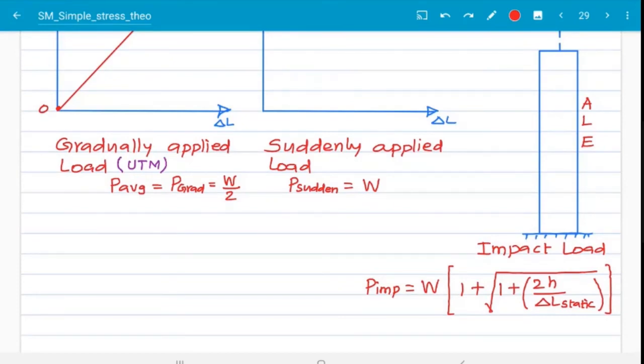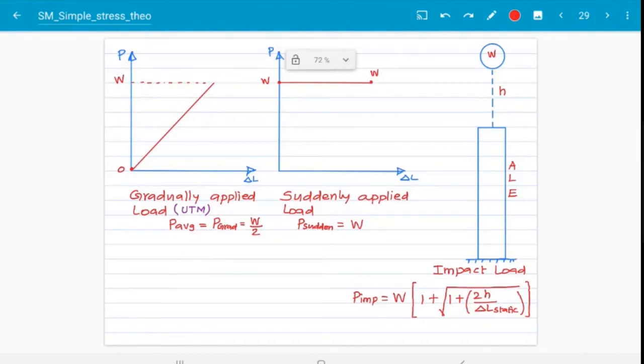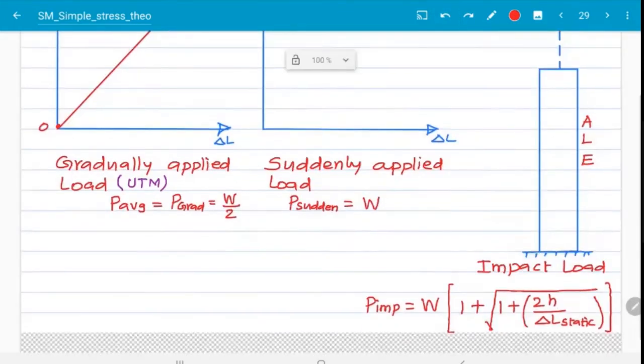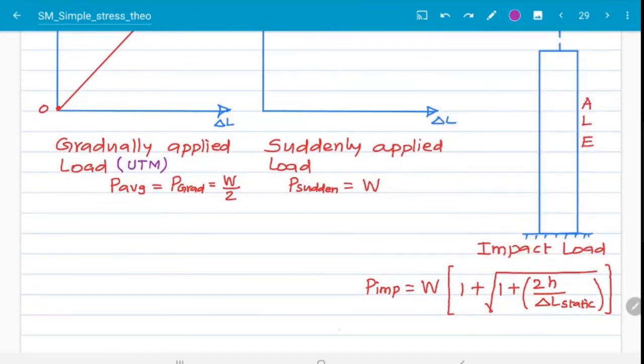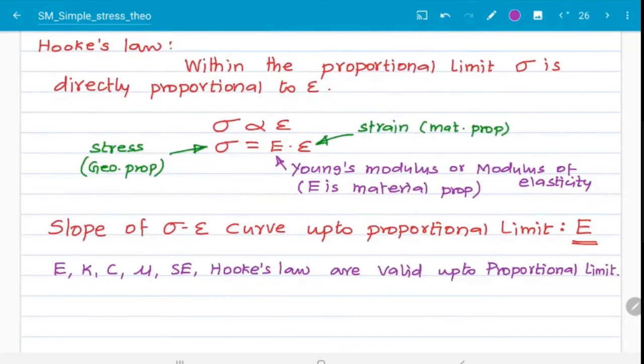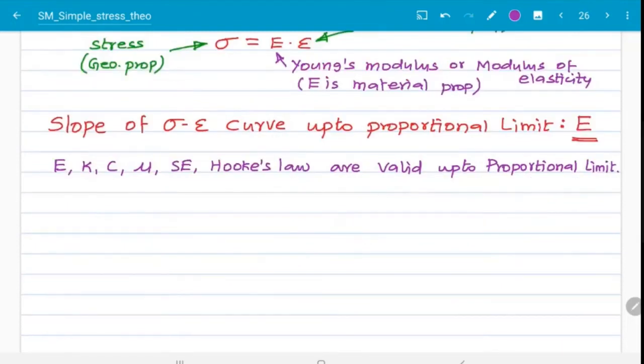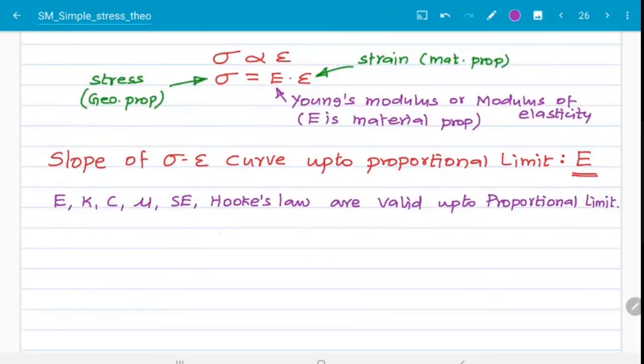Sir, what is del L static, sir? Suppose you are applying the load here without dropping, static load. What is the del L formula, the change in length formula? See, stress is equal to E into epsilon.